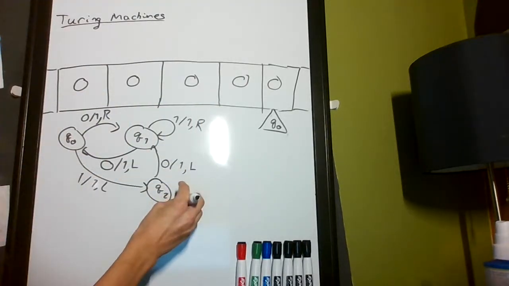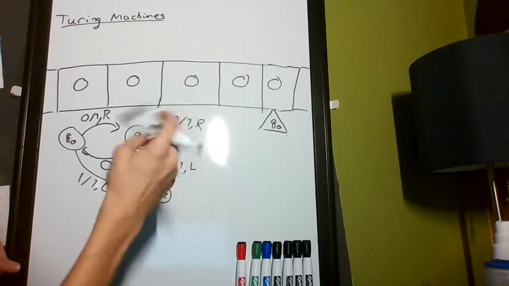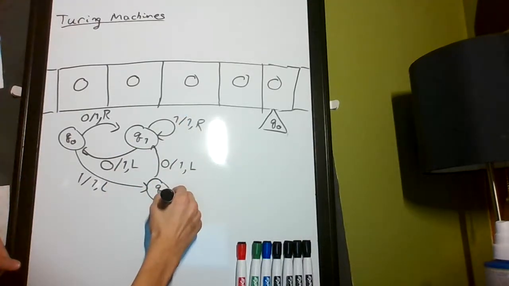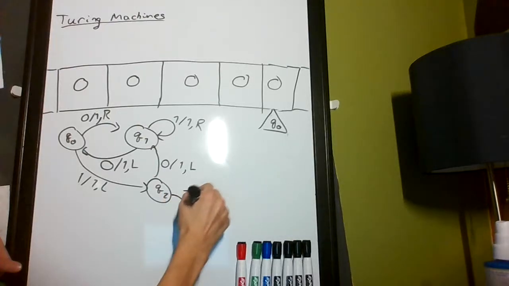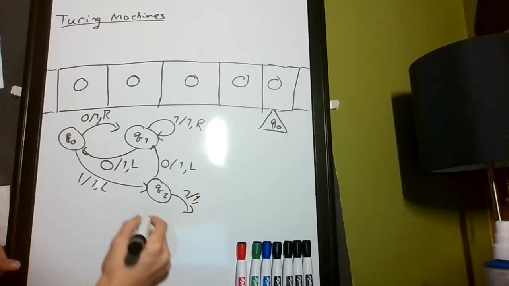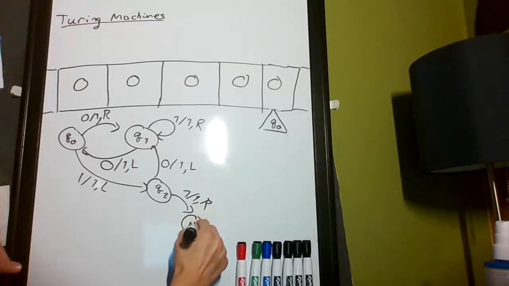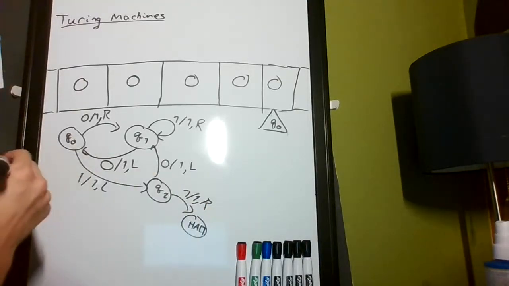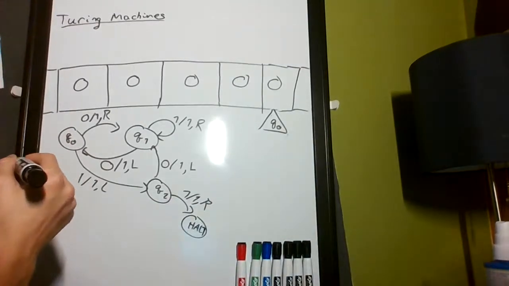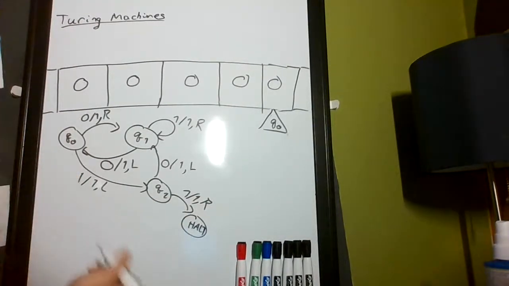And if I'm here, what's going to happen, if I read a 1, I'm going to write a 1, then I'm going to move it to the right, and then I'm going to halt it. Okay? So this might seem a little complicated right now, but it'll make sense.